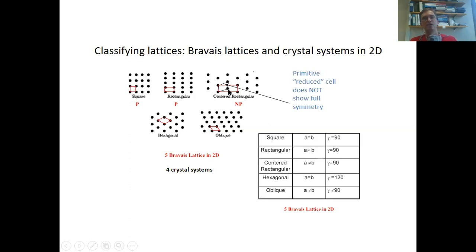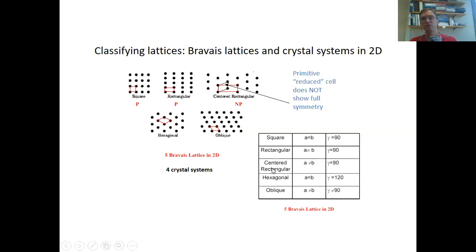Okay, so we are therefore staying within the rectangular crystal system, but now we have a centered rectangular unit cell, and a centered rectangular lattice associated with it.